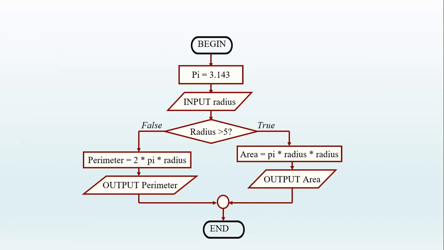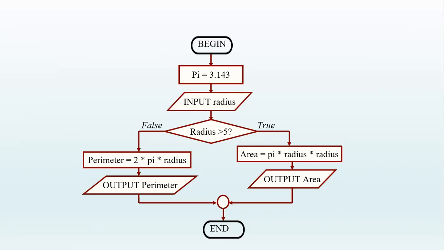So as you can see, my dear students and the rest of the learners, in this flowchart I have integrated all the symbols for a flowchart. One, in this case, has begin and end. The second one is the one which is for pi, area, and perimeter.